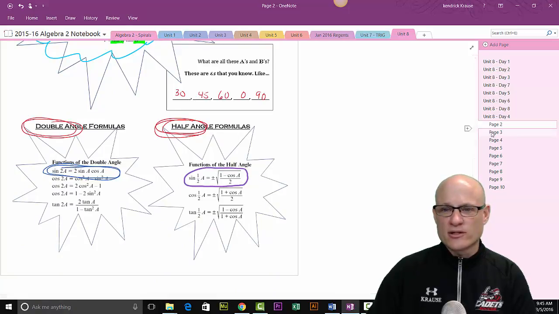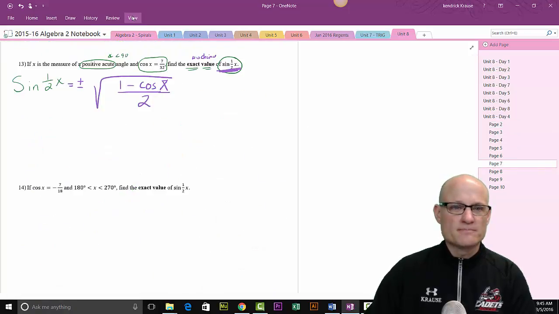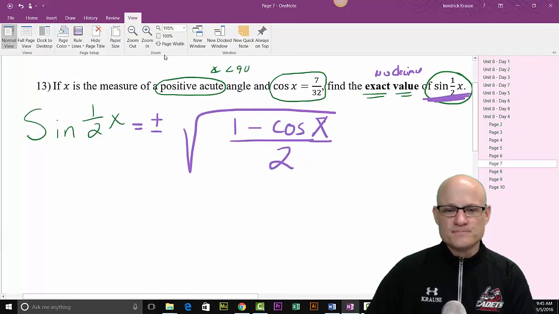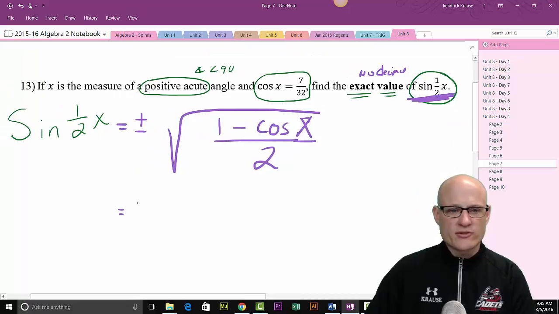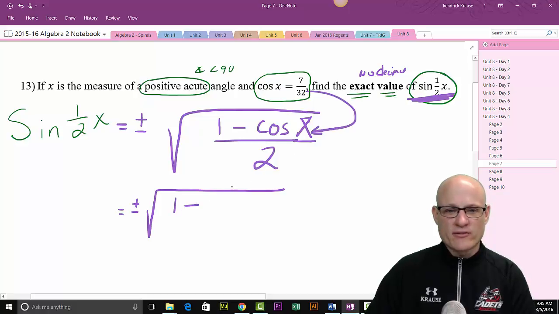I think I got it right. So let's go back to page 7, blow it up. This is going to be plus or minus the square root of 1 minus, now the cosine of x is 7 over 32, all over 2.